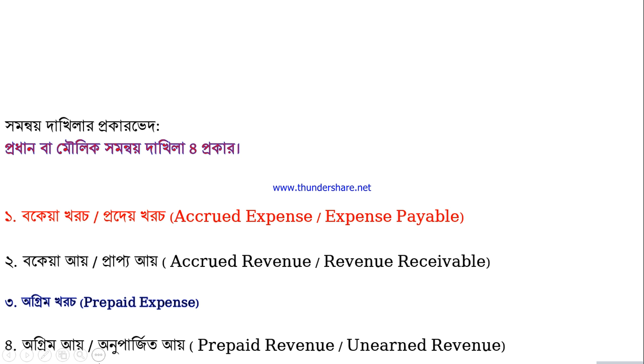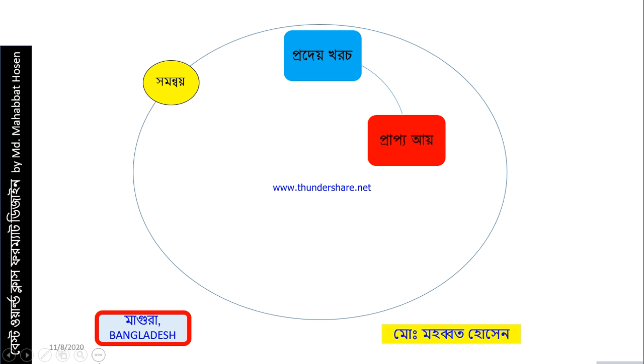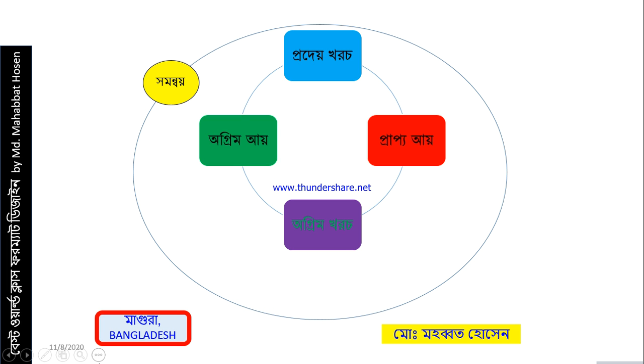So expenses payable or revenue receivable, prepaid expenses or unearned revenue. So again, expenses payable or revenue receivable or advance expenses or advance revenue.